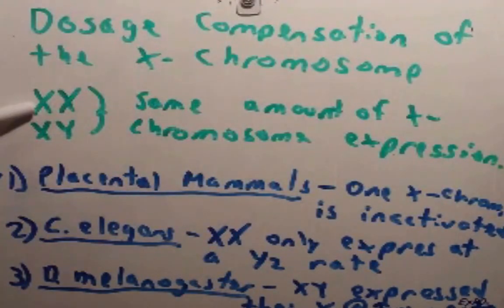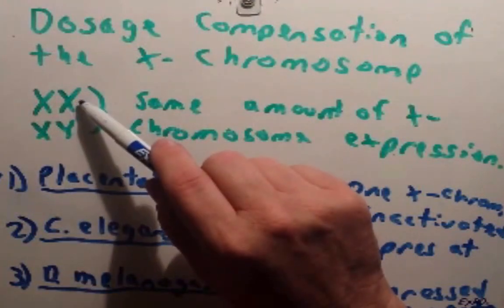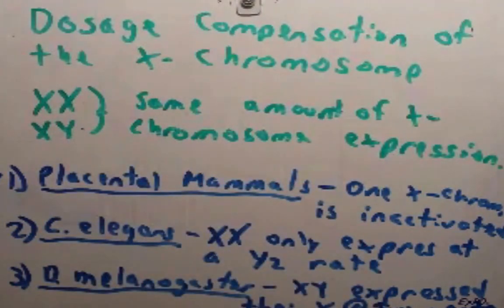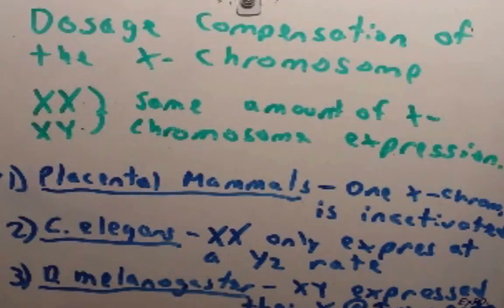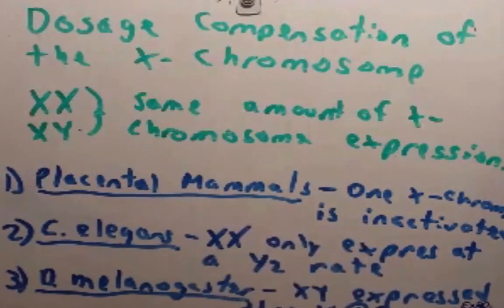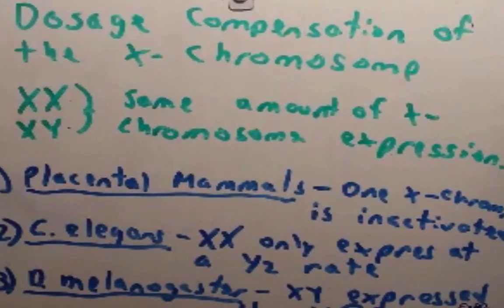So the female XX they don't mess with, but the male takes their X chromosome and expresses it at twice the rate. Thereby both females and males in fruit flies express the same amount of X chromosome genes. We're not going to have time to go into number 2 and number 3 any more than what I just told you, so make sure you know this much. But I want to spend a little bit more time talking about placental mammals.